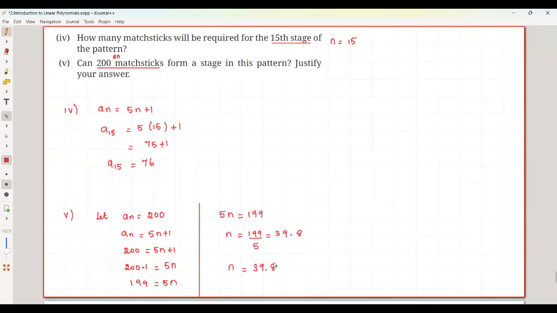Therefore, 200 matchsticks cannot form a stage in this pattern. If it comes as a whole number, we can form a pattern; otherwise, it cannot form the pattern.